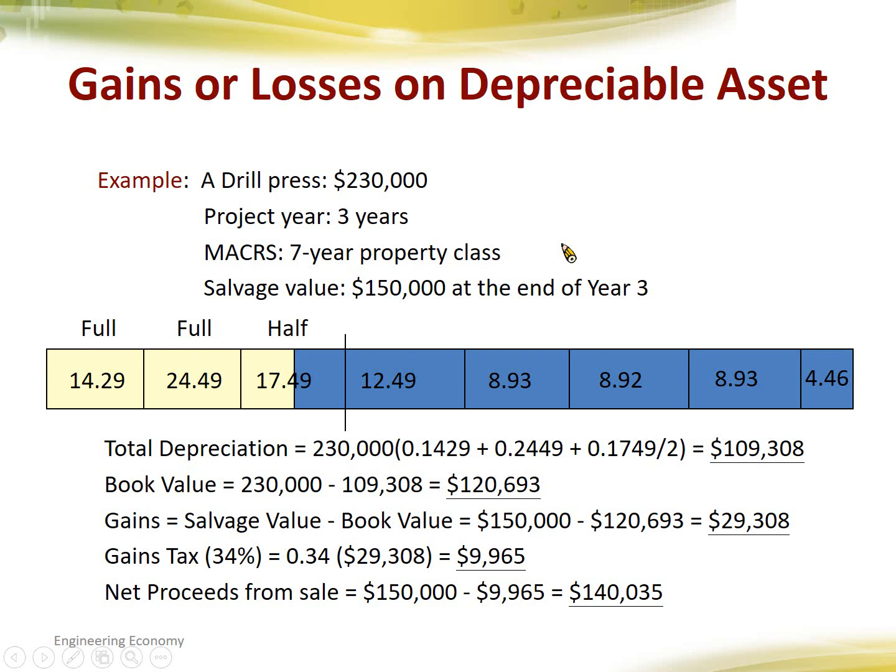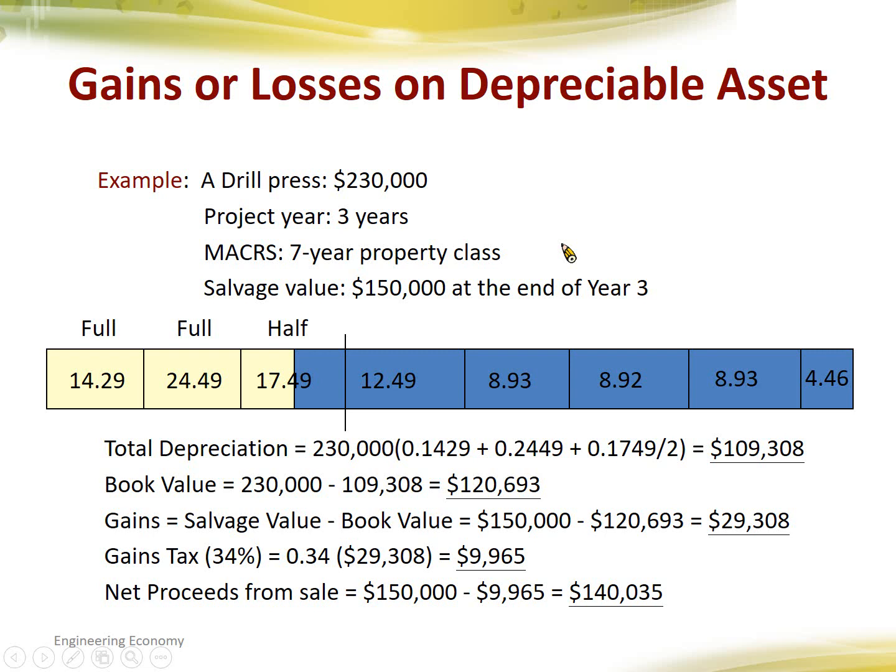If it is higher but not higher than book value, this is the way we deal with it. Salvage value minus book value is the additional amount that needs to be considered as depreciation recapture, that we need to pay tax on. For this tax rate, you can go back to the tax table and see where the tax bracket is.